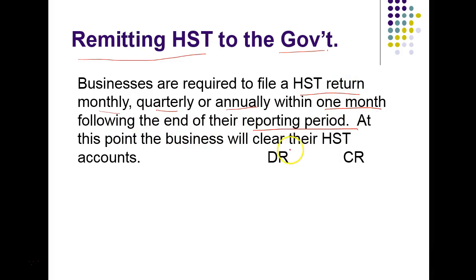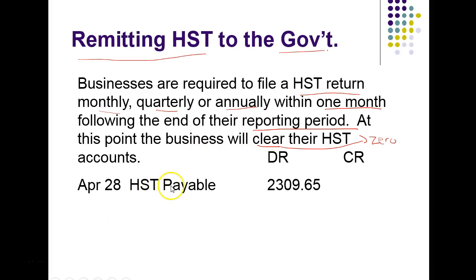And at that point, the business will clear or zero out their HST accounts. So whatever the value is in the HST payable account on March 30th, we're going to debit that at the end of April.